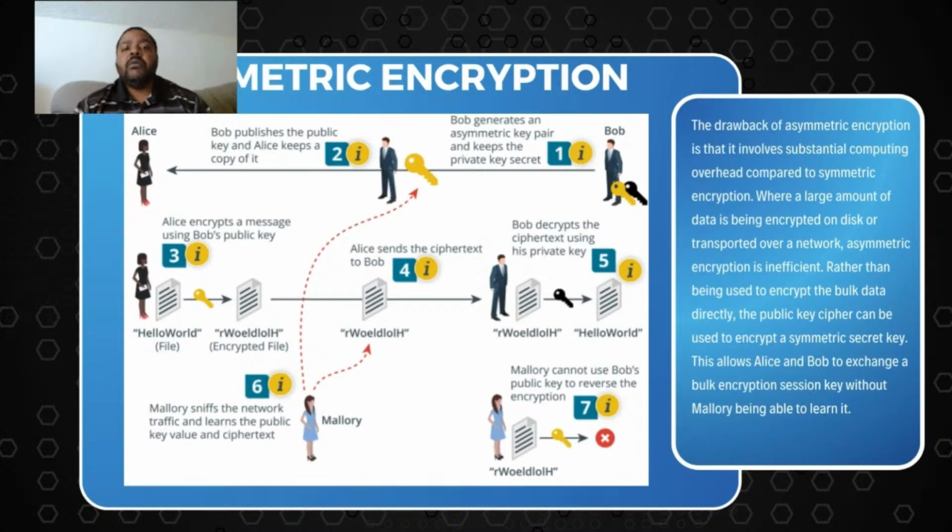So I can give you my public key. That's no problem. And Mallory cannot decrypt it, because she can't just use my public key again to decrypt a message that was encrypted by my public key, right? She has to use my private key.